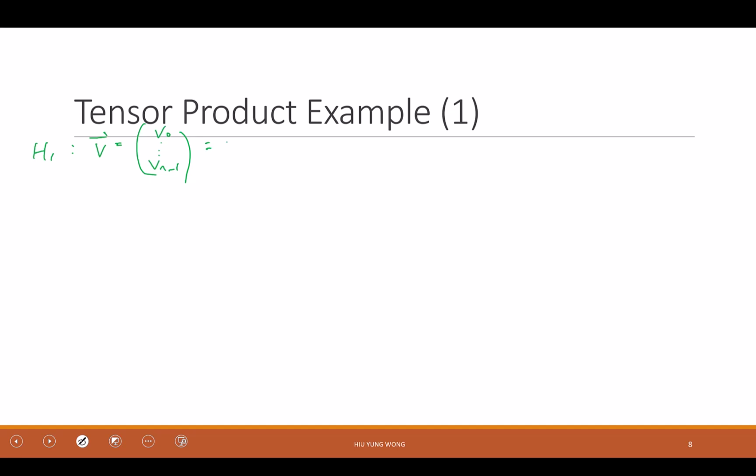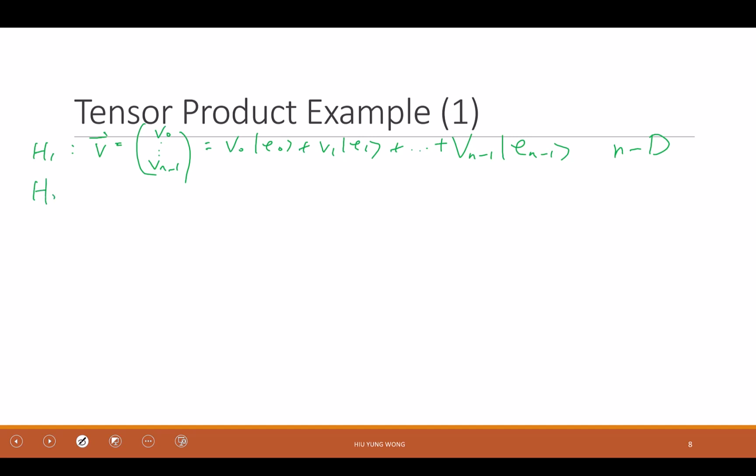It means that it is V0 times E0 plus V1 times E1 plus all the way to Vn minus 1, En minus 1. What are these E0 and En? Basis vectors, right? So what dimension is this? N dimension. This is an n-D vector.